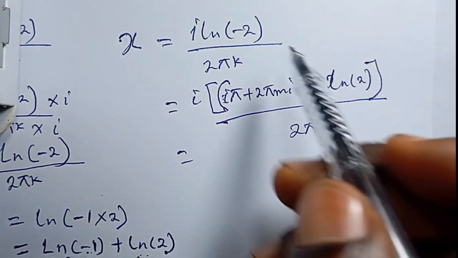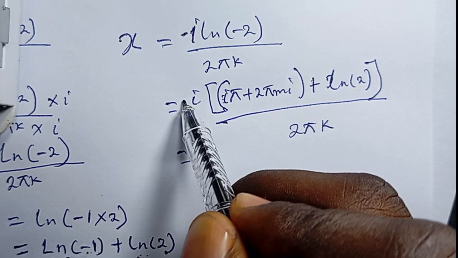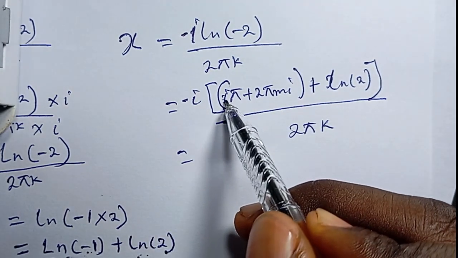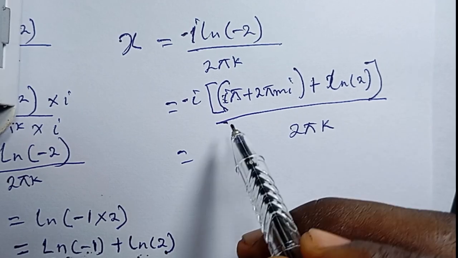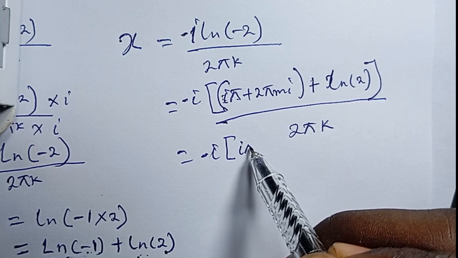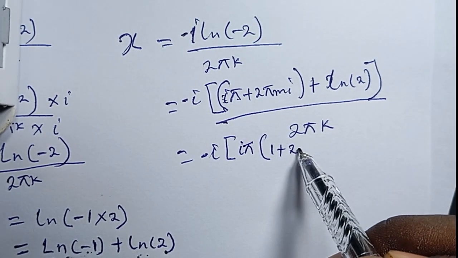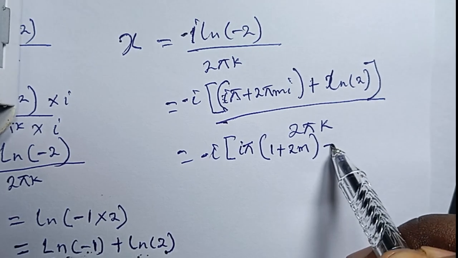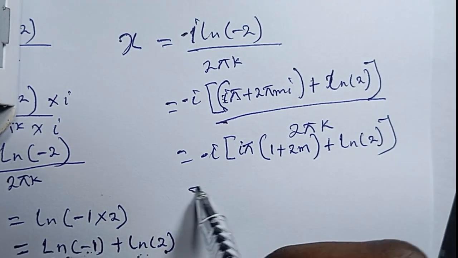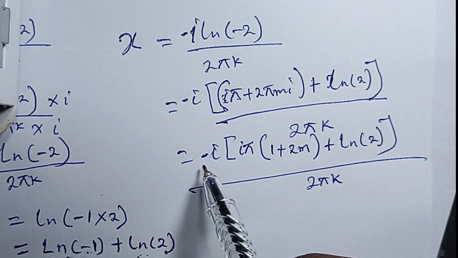Okay, but then of course remember we had a negative right here, so this is also negative i, so I'm going to factorize this i pi that is common right here, so that I'm going to be having negative i times i pi, multiplied by 1 plus 2m, and then of course plus the natural log of 2, and all divided by 2 pi k.